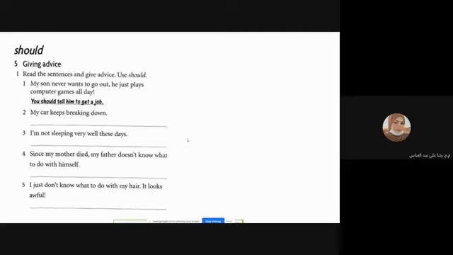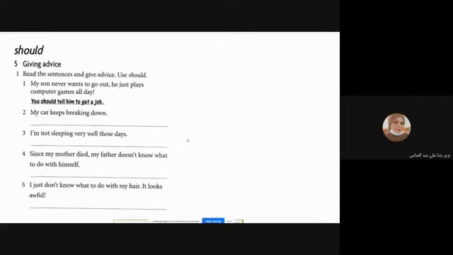Here we have different situations. Read the sentences and give advice. Use should. Should is also followed by the infinitive, because it is a modal verb.